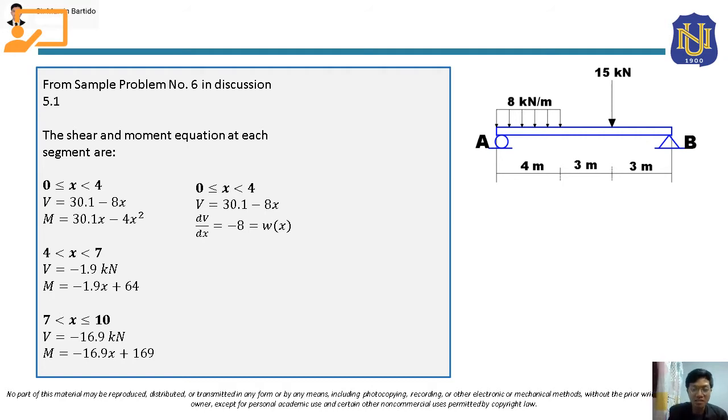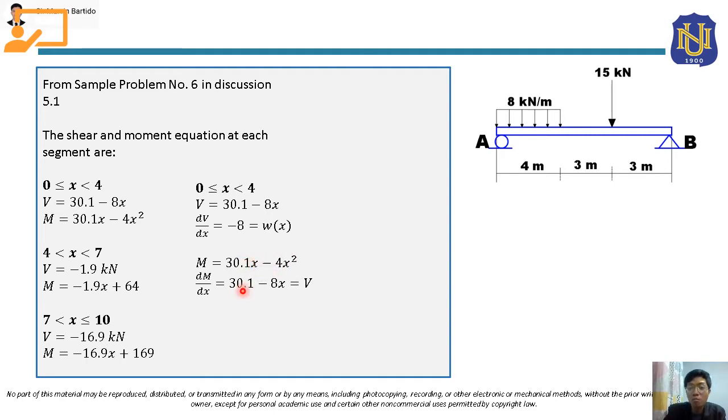And also, class, we are going to prove here the relationship of moment and shear, that is, the derivative of the moment equation with respect to x is actually equal to the shear. So from here, we are going to use this moment equation. Solving for its derivative, this will be the derivative of the moment with respect to x. This will be equal to plus, what is the derivative of 30.1x with respect to x?